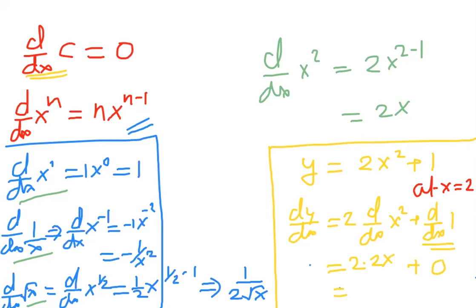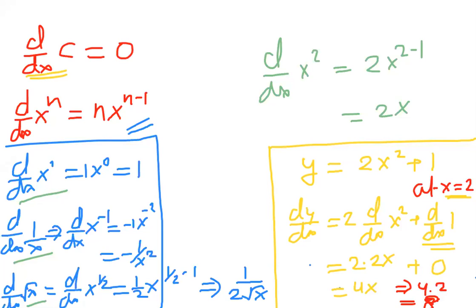So altogether it is 4x. Now we need to find it at 2. So that will be 4 into 2, 8. So the result of differentiation of 2x square plus 1 at x equals to 2 is 8.